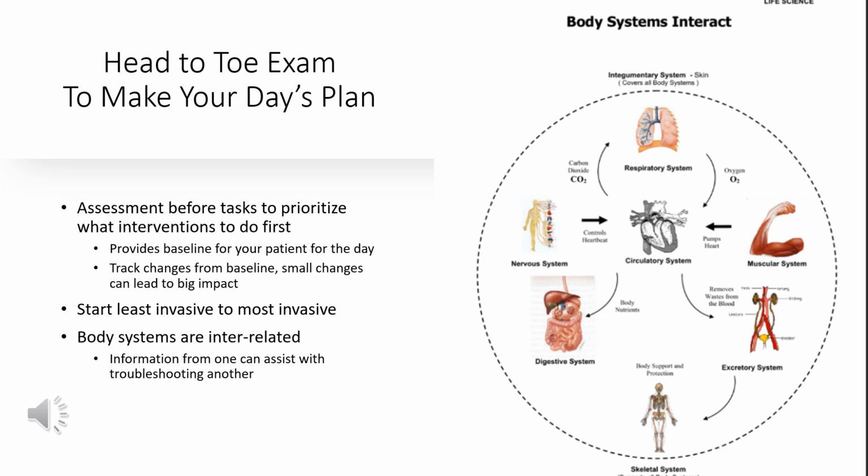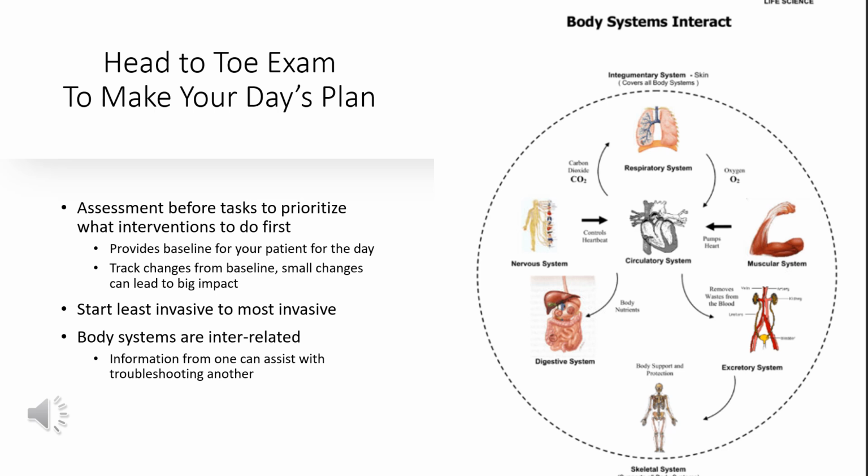And as we all know, ICU normal is a very relative term. So taking each individual patient's situation into consideration during assessment is also important. That baseline assessment that you're doing allows you to trend small changes that can add up to a big impact. For example, an oxygen saturation of 98% is totally normal, as is an oxygen saturation of 95%, as is an oxygen saturation of 92%.